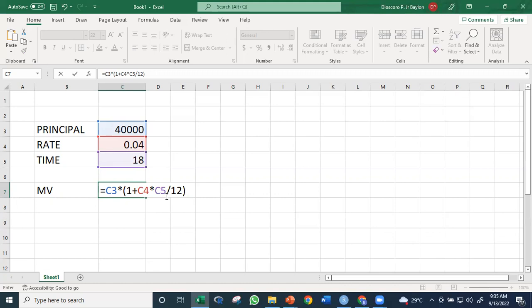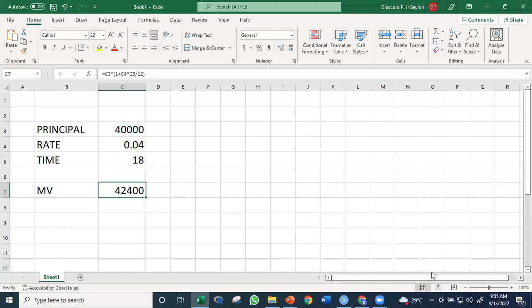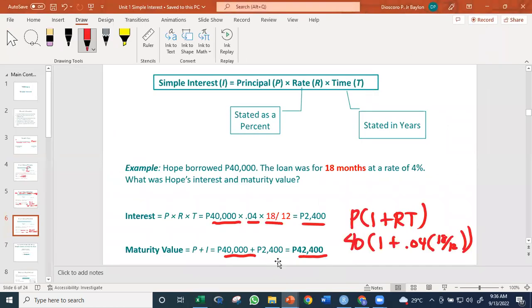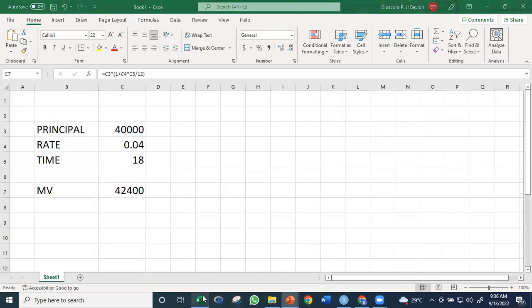There will be no problem with this in Excel because Excel will first multiply, then add 1, and then multiply it with the principal. 42,400, which is the same as the answer here.